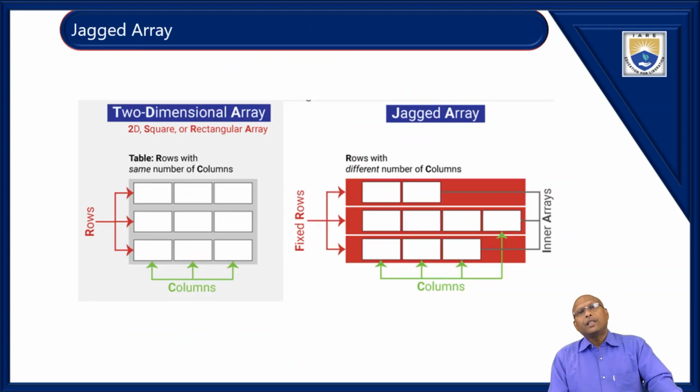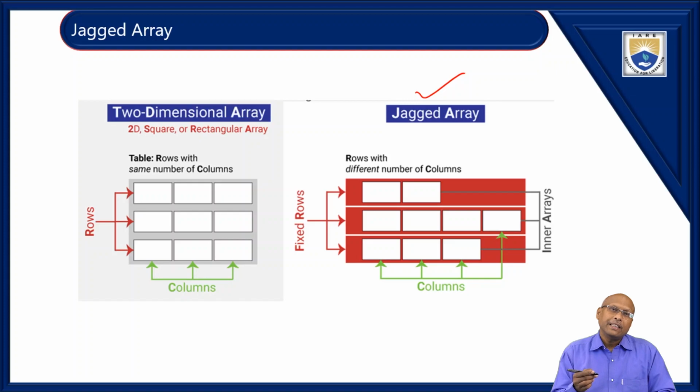Then there is one special array called a jagged array. What array? Jagged array. A jagged array is a special array where the row size of each member of the two-dimensional array is different. That means the row size changes row by row.